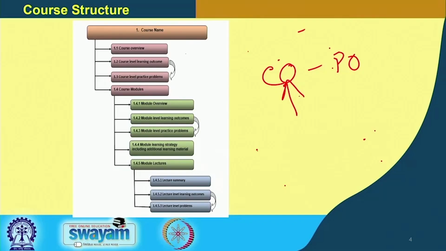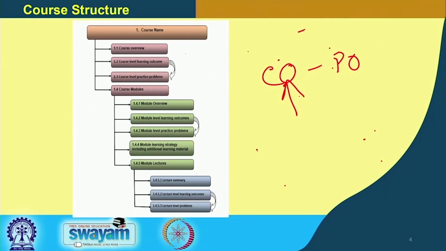Solve complex engineering problems, analyze complex engineering problems, design a complex engineering problem or part of a problem, test, then use of modern tools, which means synthesis. So when you write COs for engineering or higher education, your CO must start from the application level, a higher cognitive level. Okay? So, that is the course outcome.